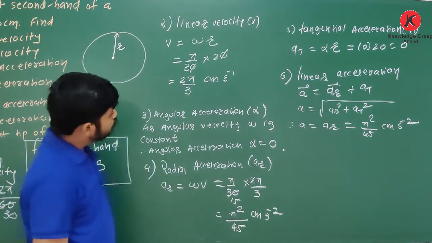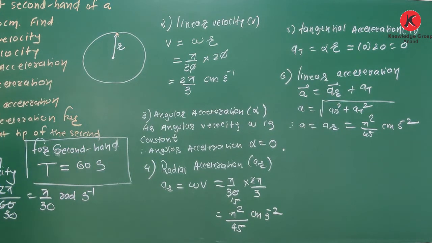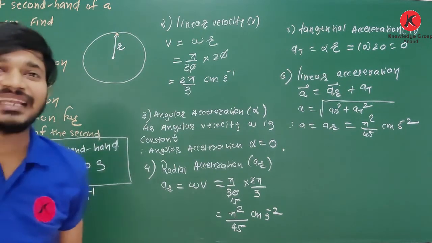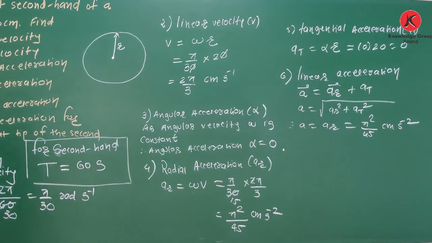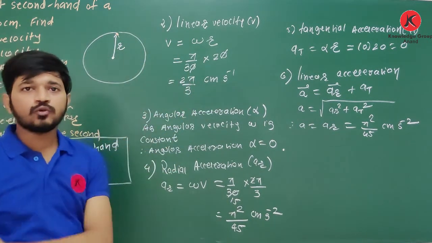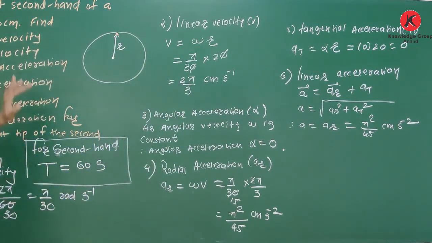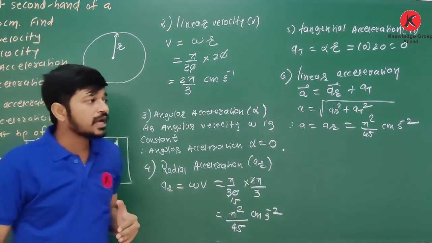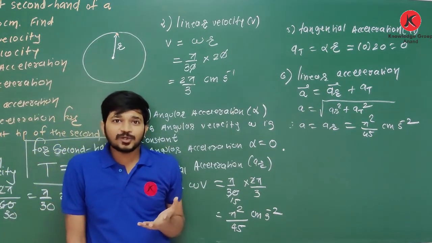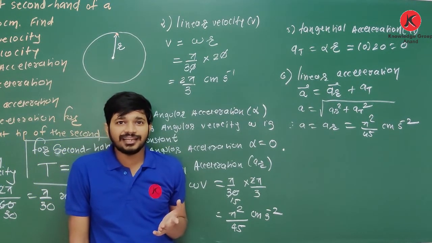Now you have to solve the same question with the same data, just one thing changed. The length of the minute hand of the clock is 20 centimeter. Then find the respective quantities. What I have changed is that the second hand is replaced by the minute hand, and the third question is for the hour hand.